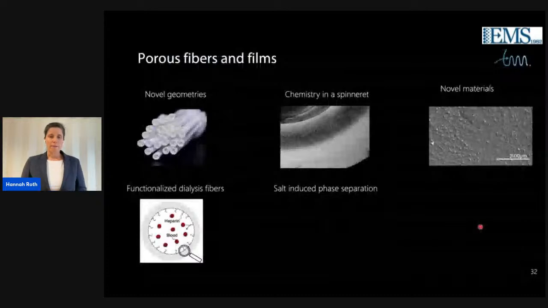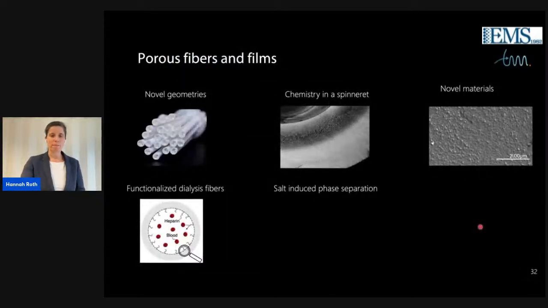So I would now like to go into a topic where the porous membrane structure evolves by a different procedure. We have talked a lot about organic solvents dissolving the polymer, and these organic solvents are often very reprotoxic.